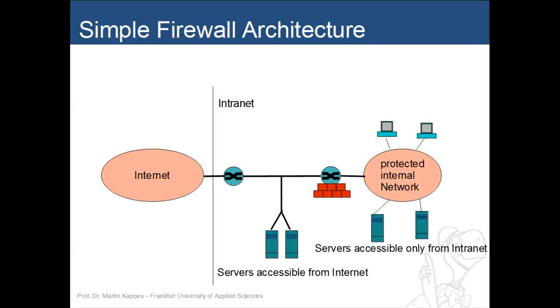Where can we actually place them? Well, we have two choices. One is, we put it before the packet filter, as is shown here, and before, of course, from the view of the internet. Or another idea would be to place it behind the packet filter. Well, so where do we best position it?